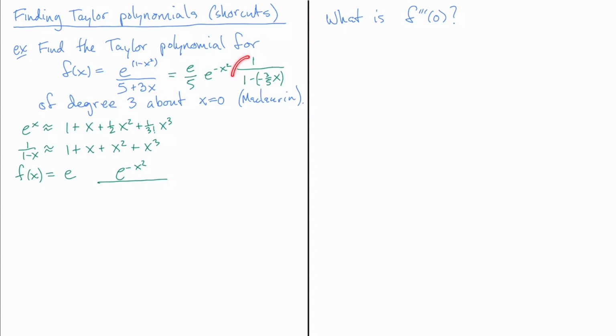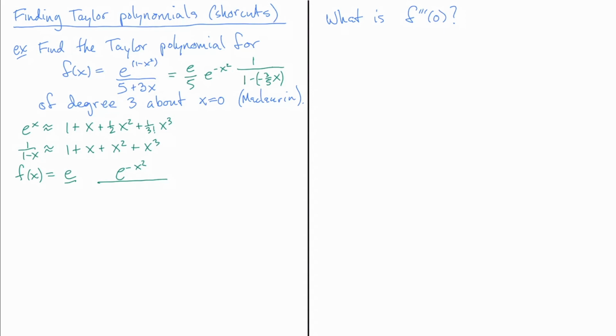Specifically, this function is actually 1 over 1 minus, and then some function plugged in place of the x here. And this x had to be small, and when x is small, what I'm plugging in, minus 3/5 x, will also be small. So we will have a good place to use this Taylor polynomial as part of estimating f of x with a Taylor polynomial.